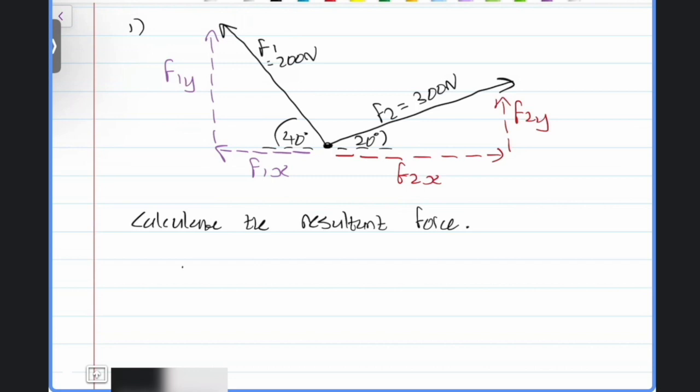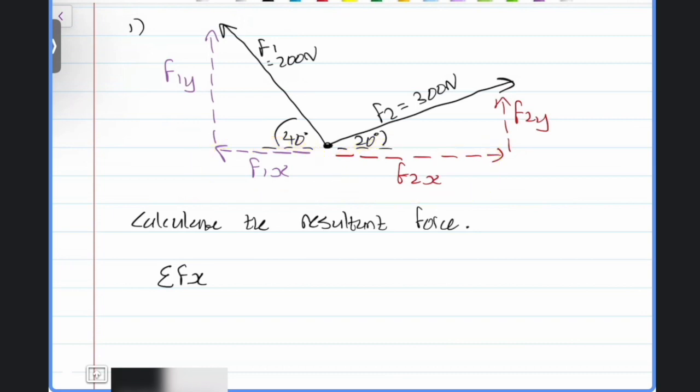So if you use Excel, you'll see this particular sum, the symbol, which means the sum. So we don't have to write it like that. All we have to do is say, okay, sum of the forces in the x direction. So just a capital sigma like that, sum of forces in the x direction, which means all the forces in the x direction. So we have two forces in the x direction here, right? We have F1x and F2x.